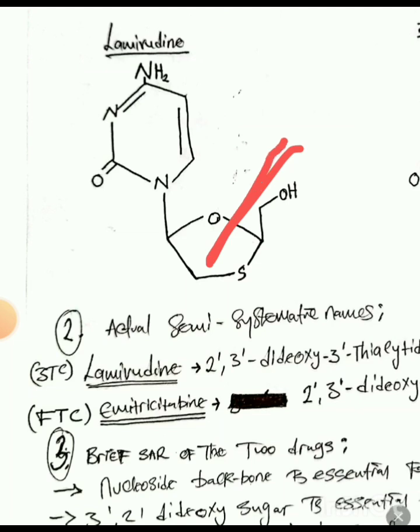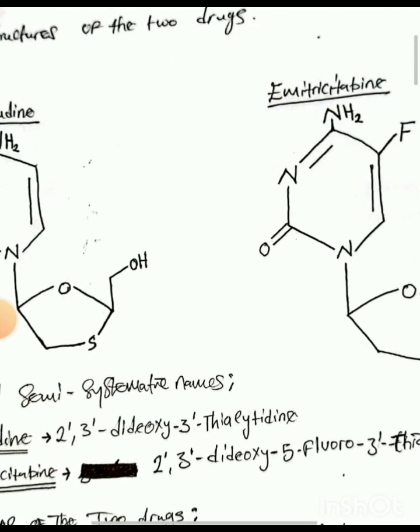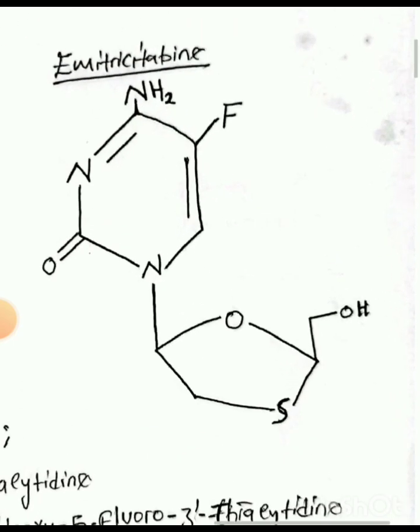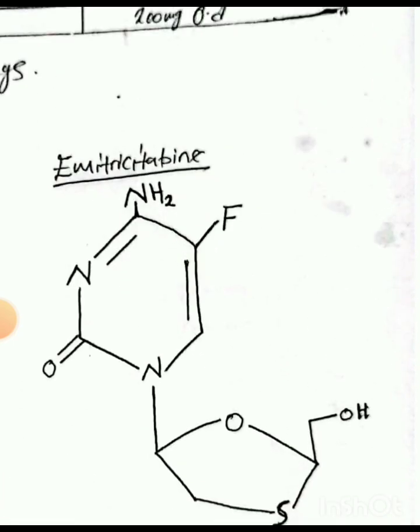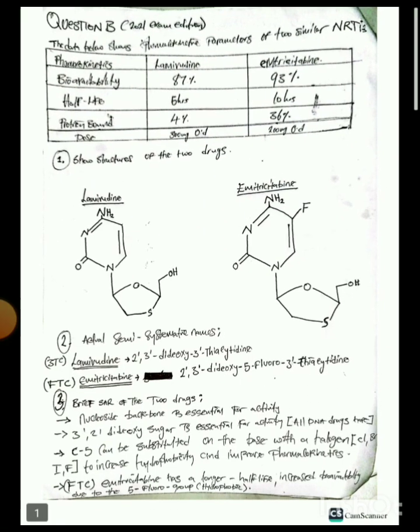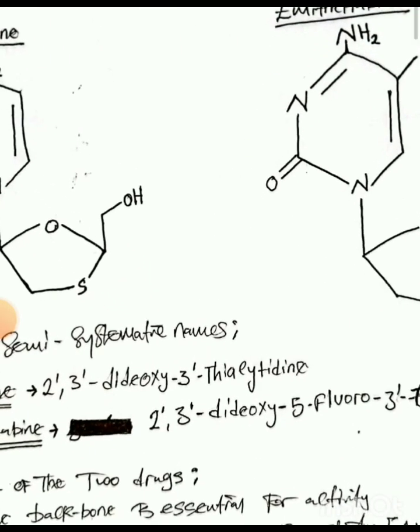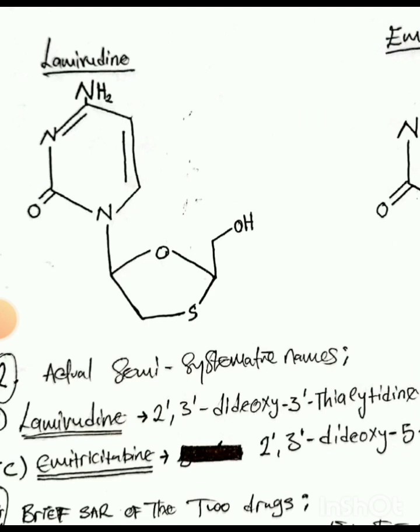The only structural difference between lamivudine and emtricitabine, as we can see, is the fluorine attachment on cytosine. So we can simply draw lamivudine by drawing cytosine and attaching a dideoxy sugar, with sulfur on 3 prime position. So we can note the structure.